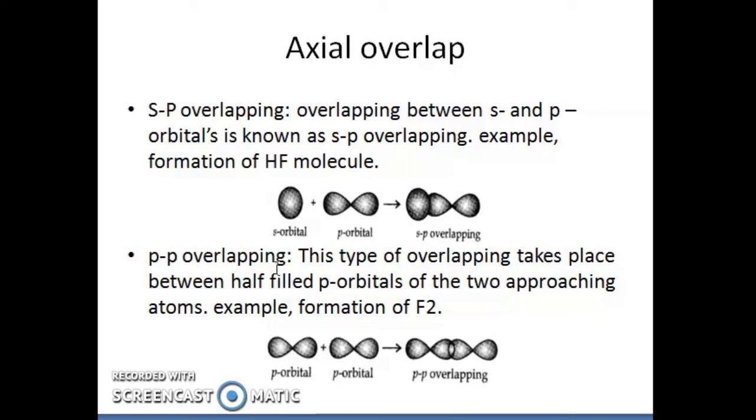SP overlapping is the overlapping of s and p orbitals, and SS overlapping is the overlapping of two half-filled s orbitals. So this is the concept regarding axial overlap, which should be very helpful in supporting the formation of a covalent bond.